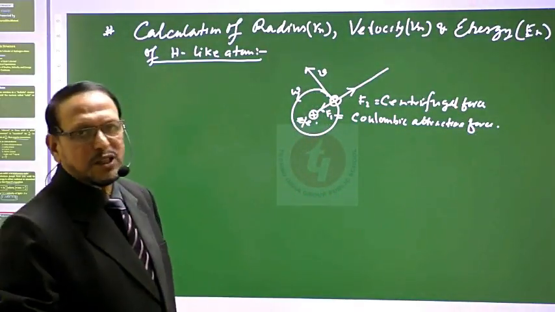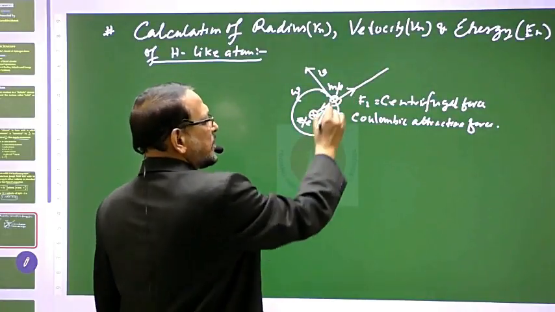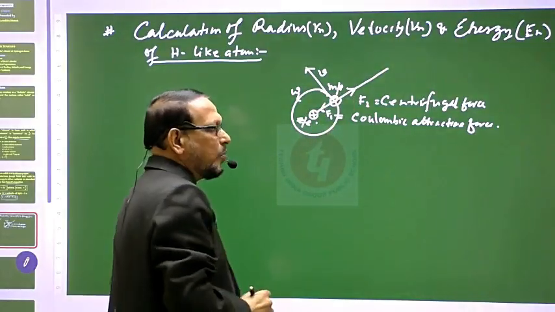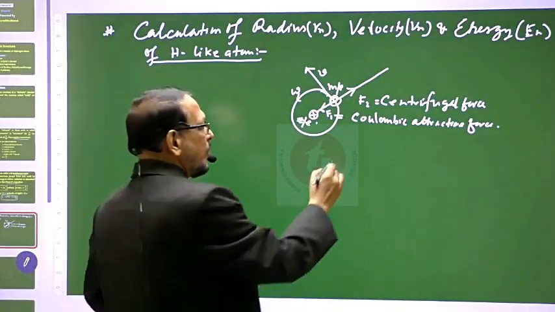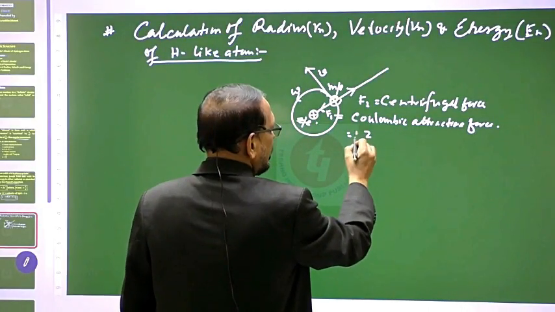Consider the mass of the electron m, and the magnitude of the charge of the electron e. The Coulombic attractive force, you know the law, is equal to K Q1 Q2 divided by the distance squared.